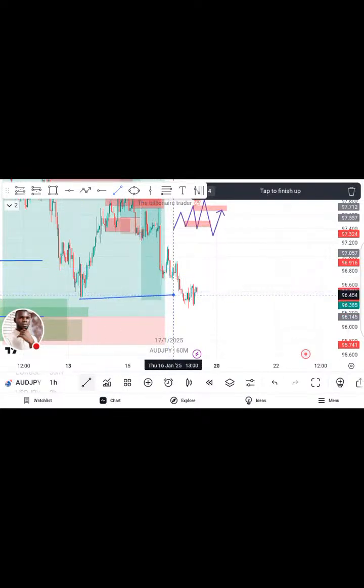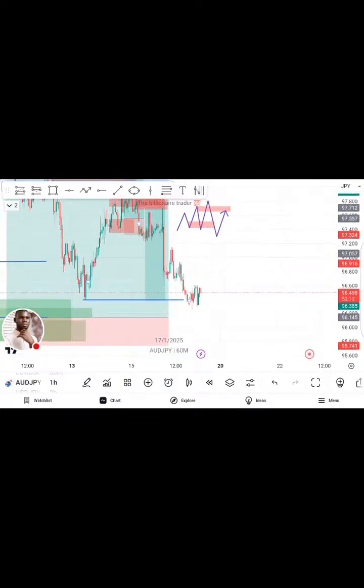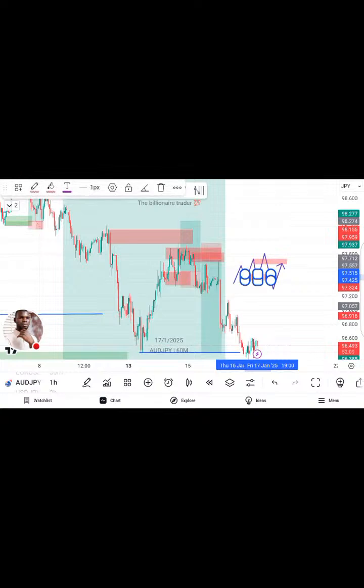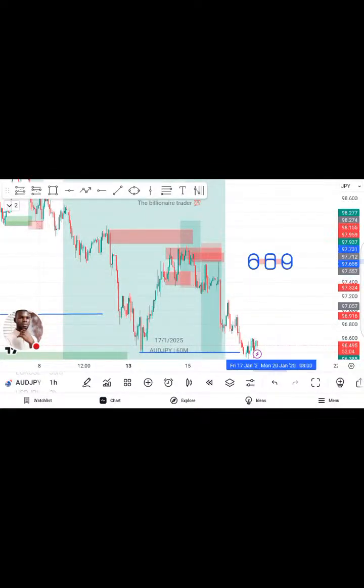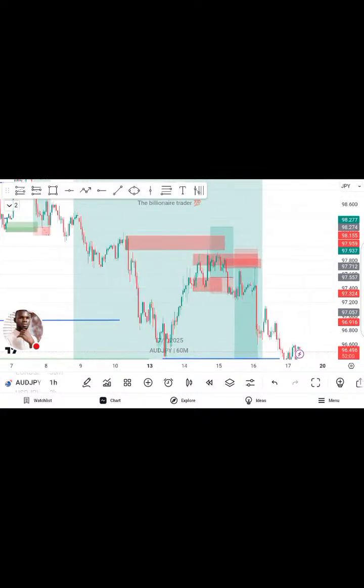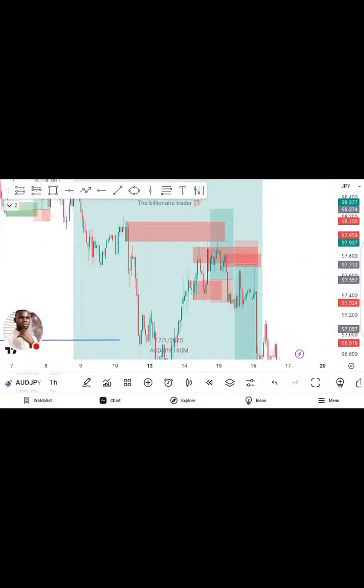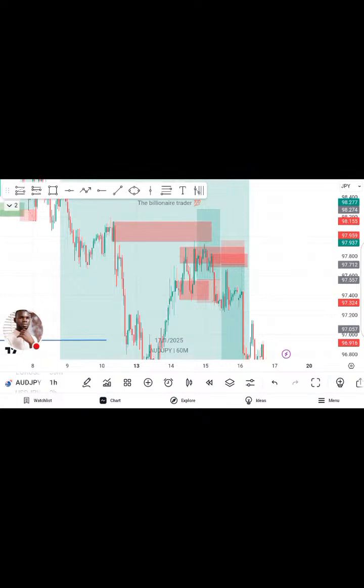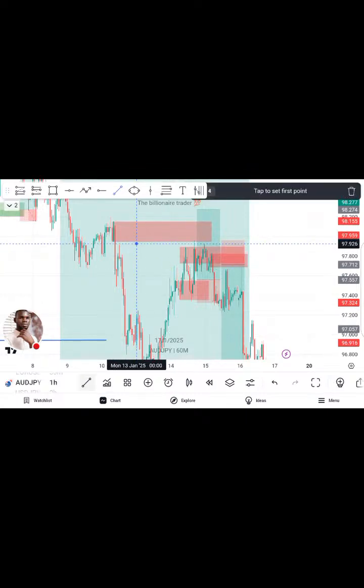So what I can say regarding that is that sometimes what usually makes our setup fail is not completing where the price is actually coming from. For example, if I had considered this supply zone, that let's just mitigate that supply zone, I would have known that there is a tendency for that buy to fail.